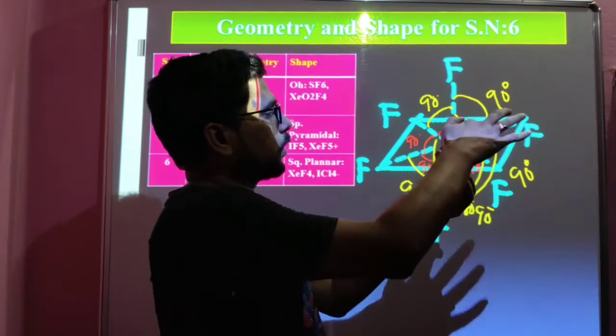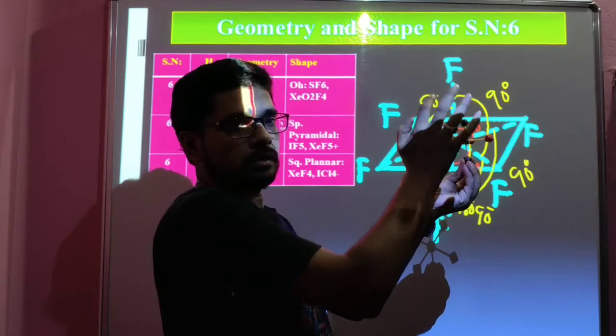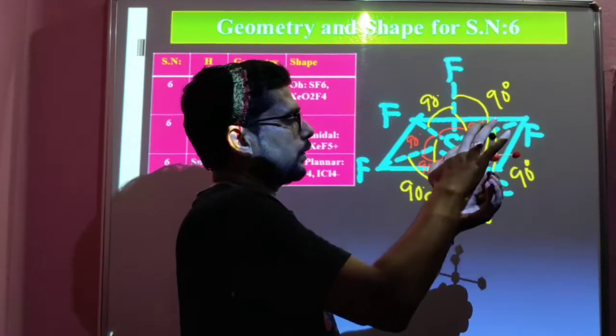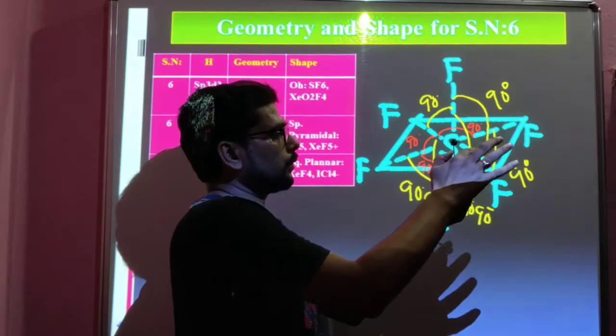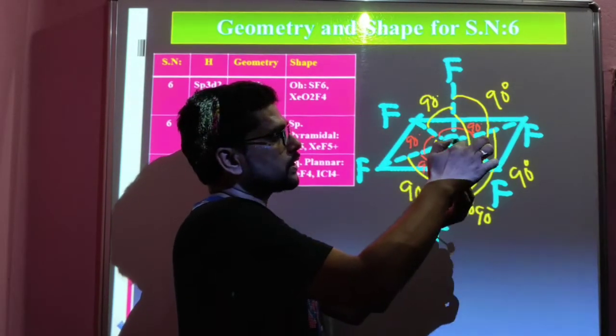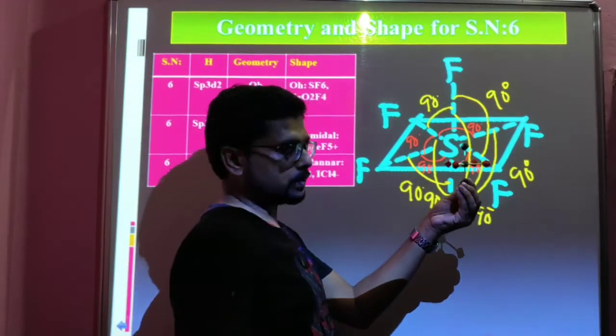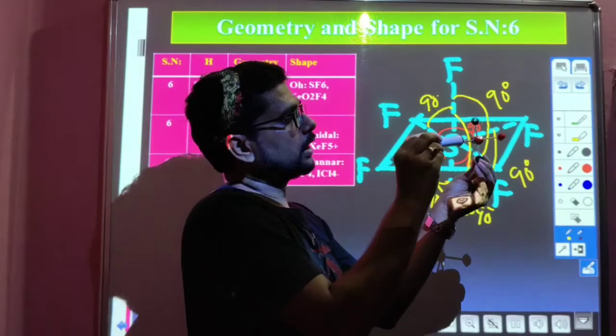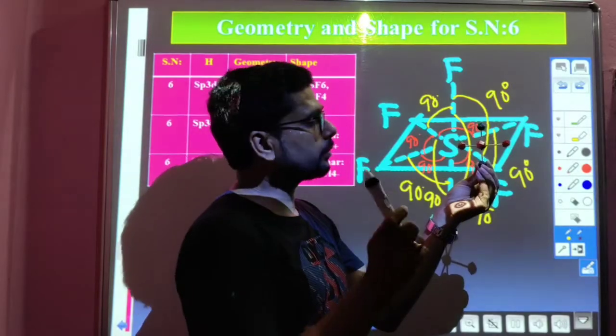See, this is the square plane. 1, 2, 3, 4. So this is 90, this one 90, this one 90, and this one 90. No problem at all.